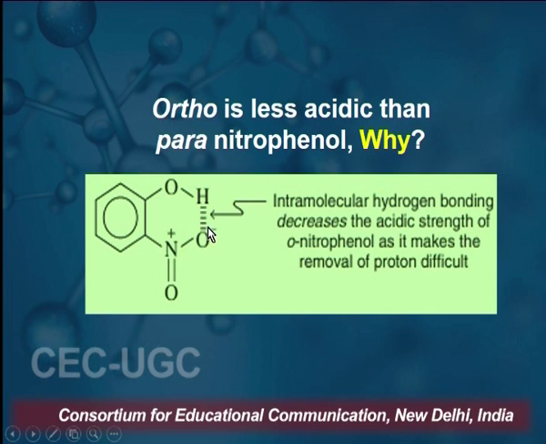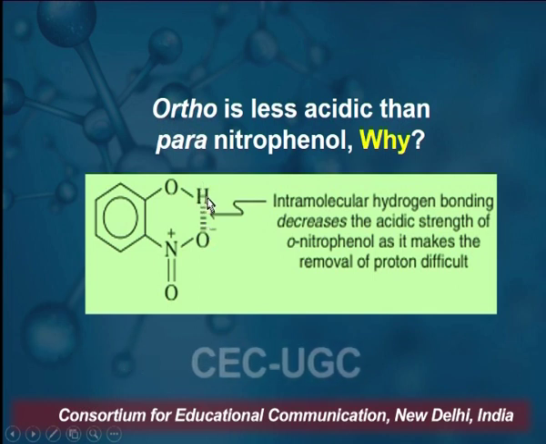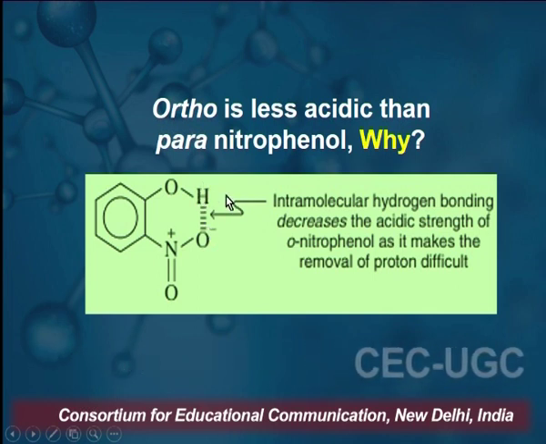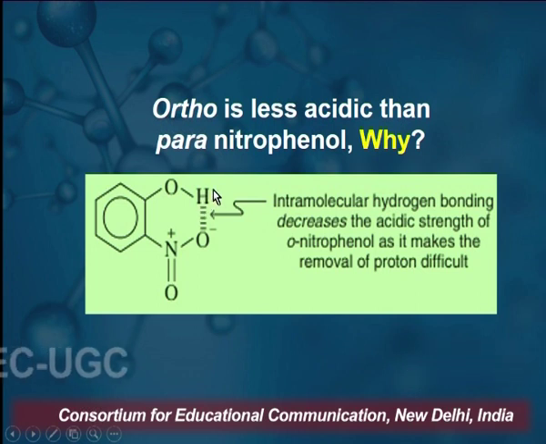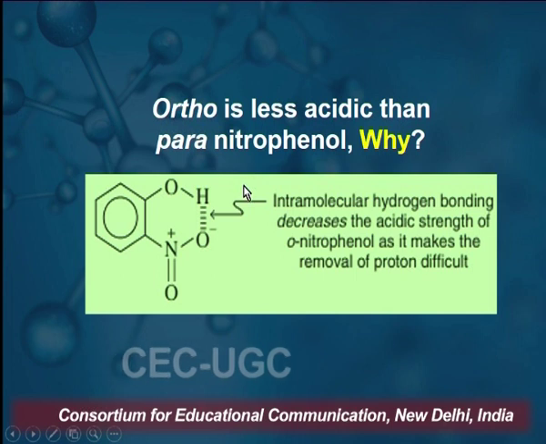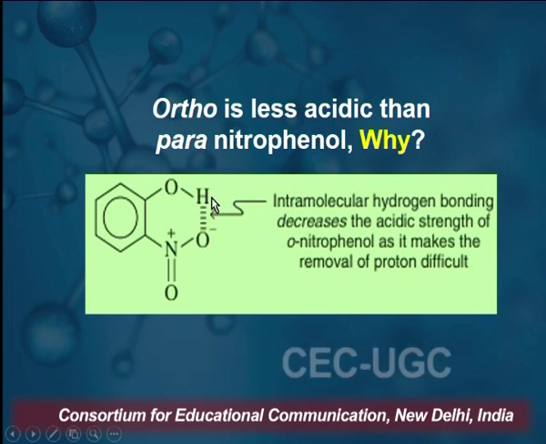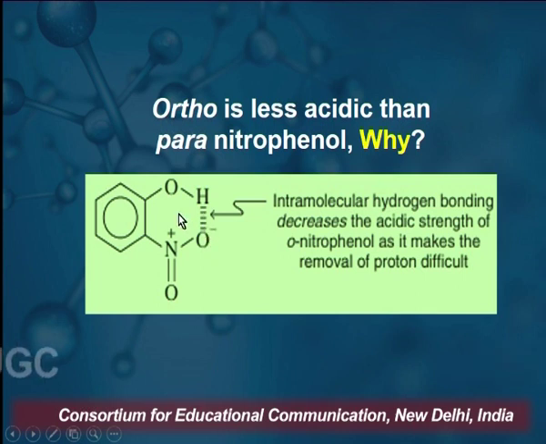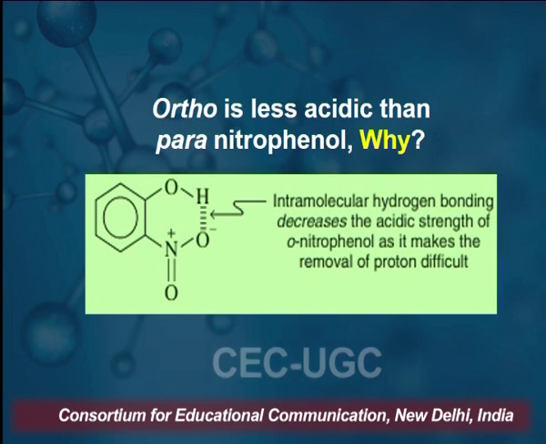Due to intramolecular hydrogen bonding, hydrogen cannot be given out easily and therefore it becomes less acidic, because an acid is nothing but the one which can easily lose a proton. Here, loss of proton is being restricted due to hydrogen bonding. So, orthonitrophenol is less acidic as compared to para.